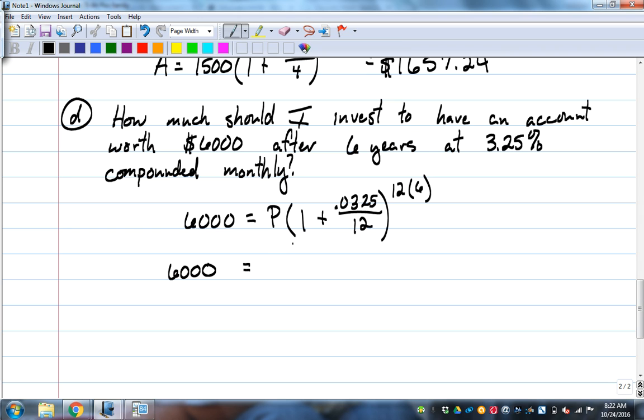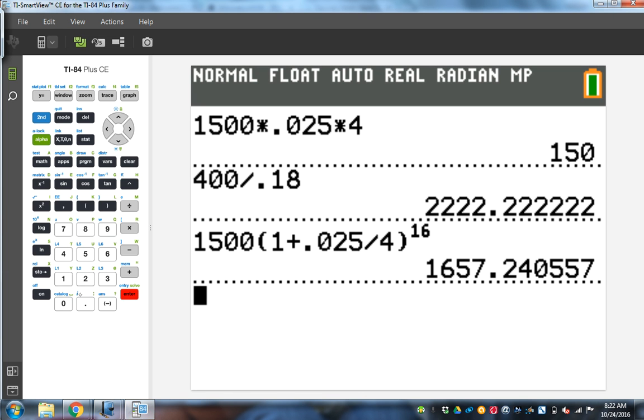All of this is kind of ugly, but it's just a number, so I'm just going to work that number out. So 1, oops, I'm going to use parentheses, 1 plus 0.0325 divided by 12, raised to the 12 times 6 power, which is 72.